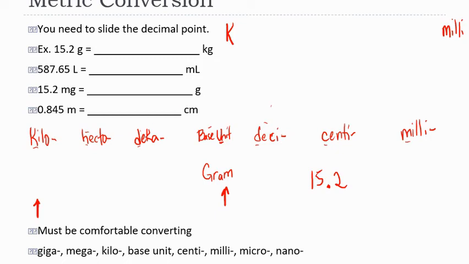So here, we go 1, 2, 3. I'm going to move my decimal point 3 spots. What do I need to fill in this loop with? A 0. That becomes a placeholder. I moved my decimal the same number of spots and in the same direction that I moved to get from where I was to where I'm going.